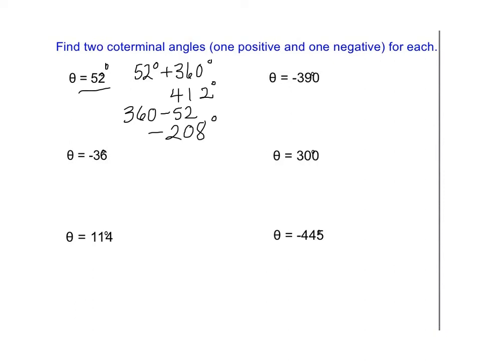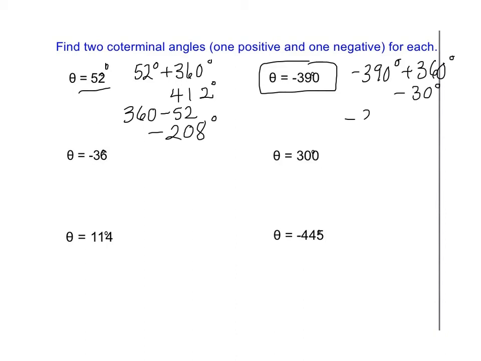And then if I had this one, this is already negative 390. So if I add 360 to it, negative 390 plus 360, you would think I would get a positive, but I don't. I'm still going to be negative 30.